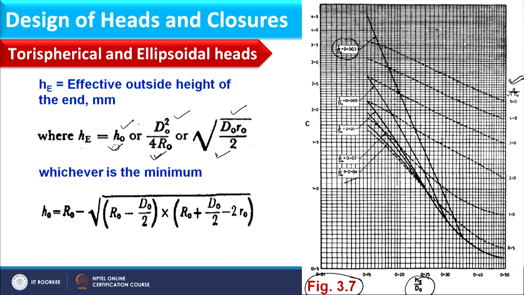Therefore, if I am having three different values to find out He, I will select the minimum one. Among these three values, H0 you can find out using this expression, where R0, D0 by 2 and small r0, all these values you know about the head, and similarly this value I will find and this value I can find, and I will choose the minimum value among these three as He.